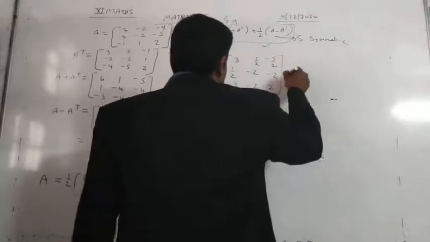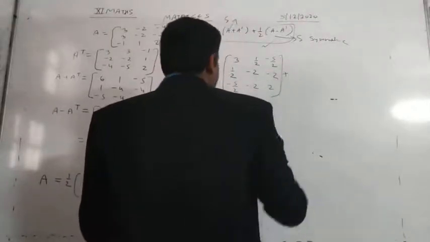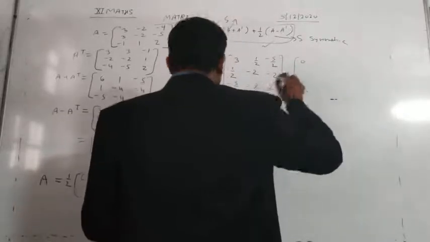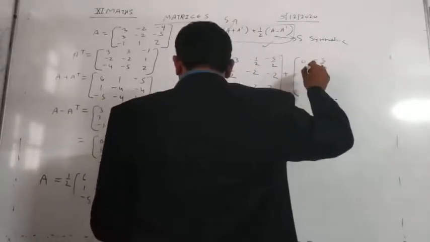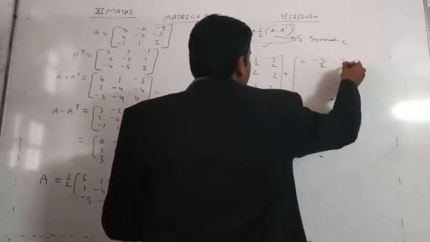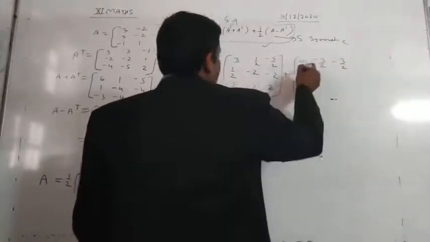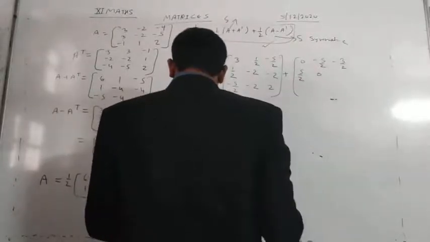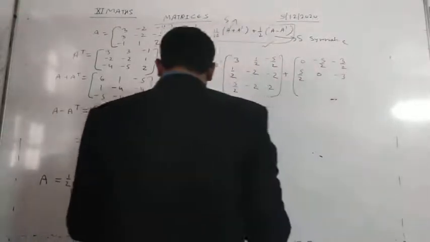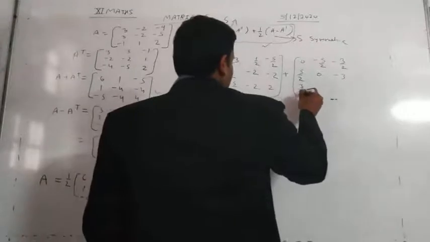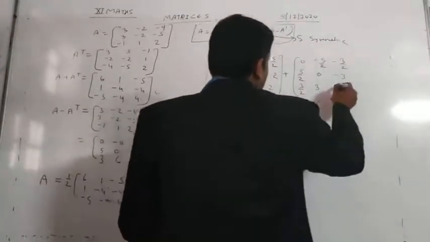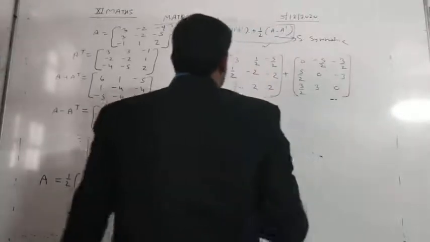And this is plus, again multiplying inside, we get 0, -5/2, -3/2; 5/2, 0, -3; 3/2, 3, 0.